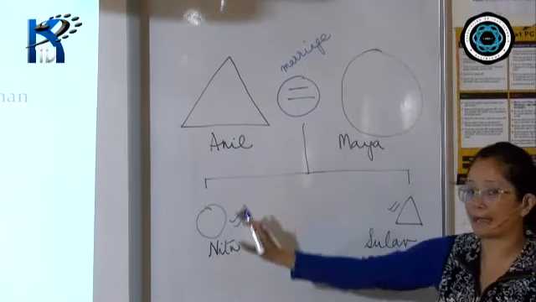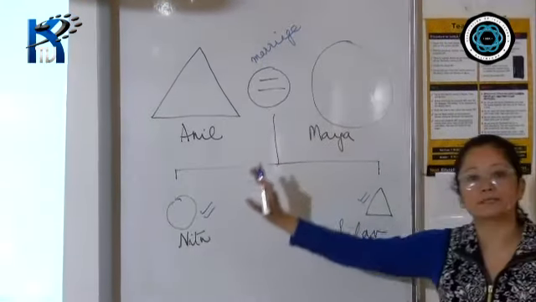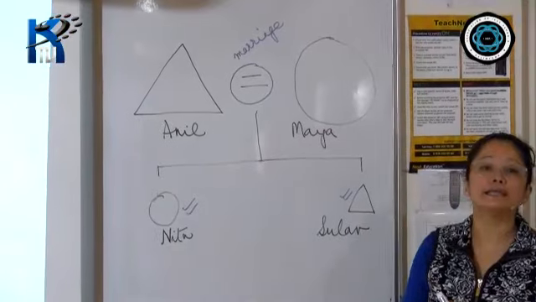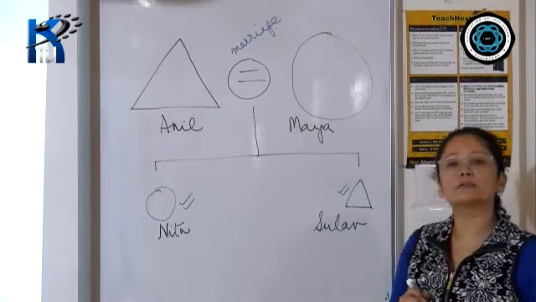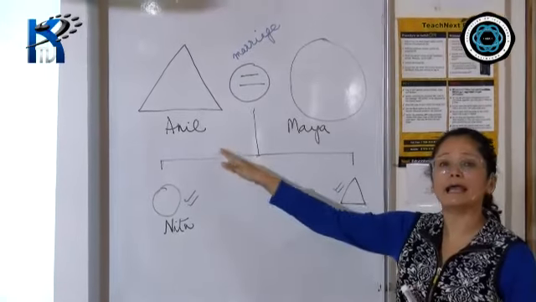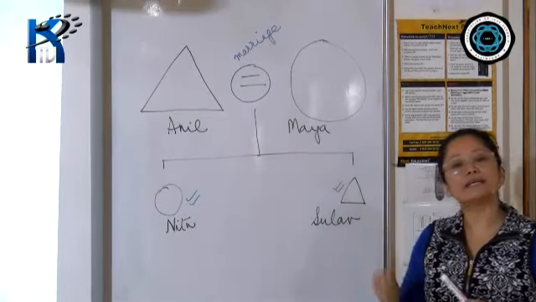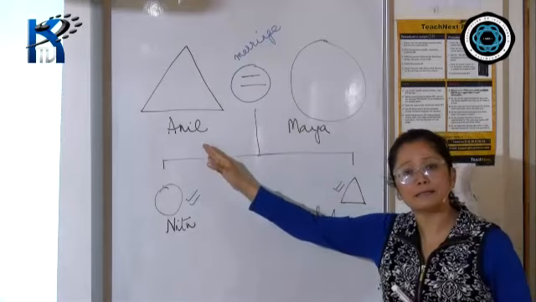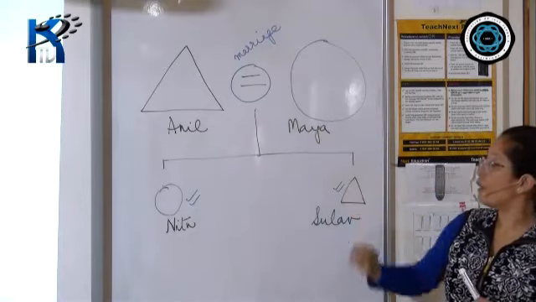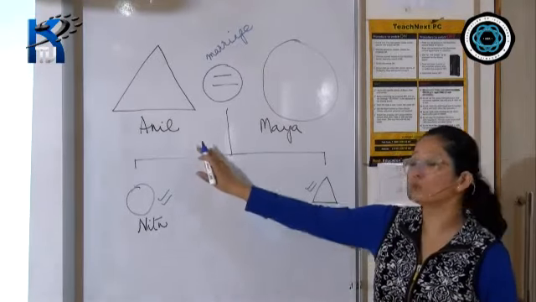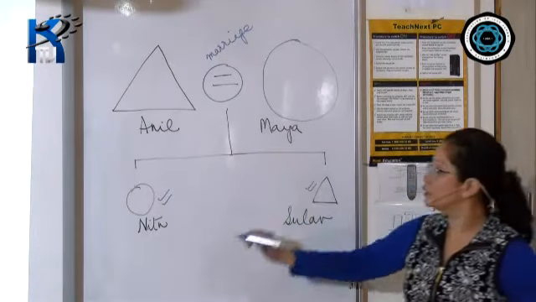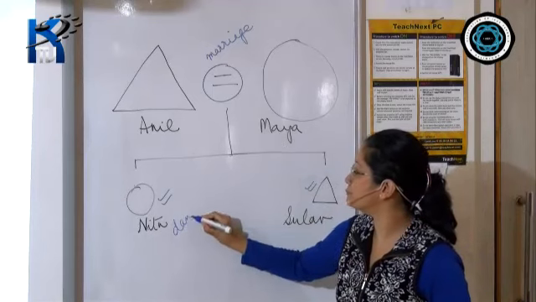So here we have a diagrammatic representation of a kin relation. Now, if somebody asks, what is the relationship between Anil and Maya? It is very easy to say they are husband and wife. Or if somebody asks, how is Nita related to Anil and Maya? She is the daughter.